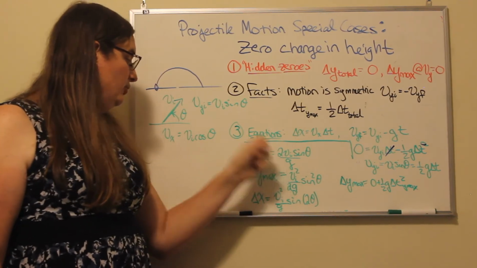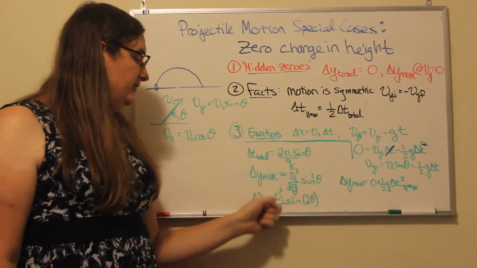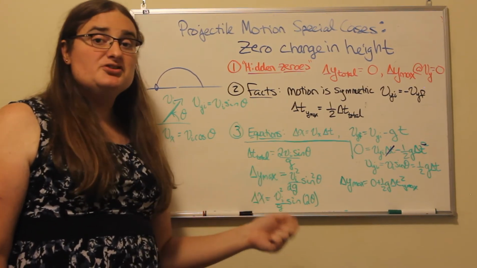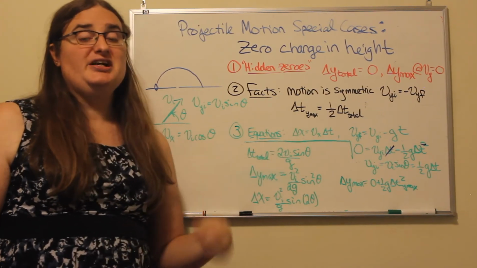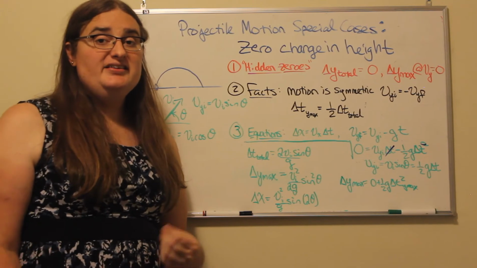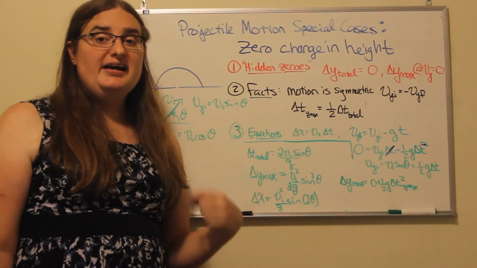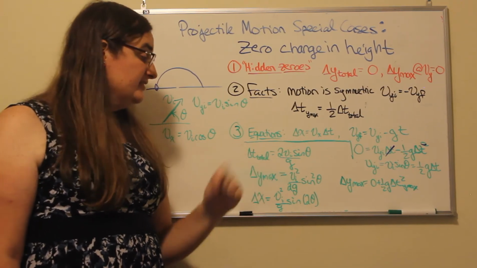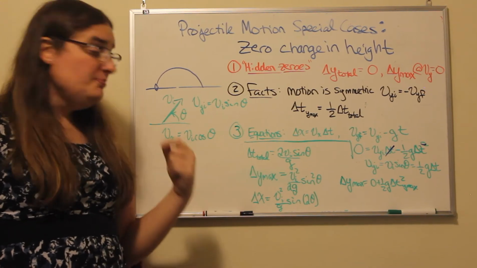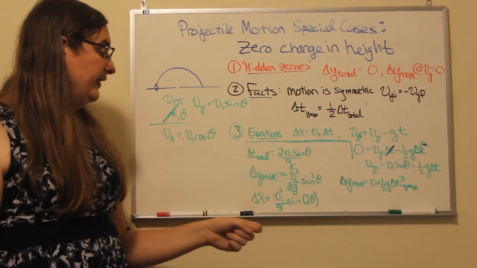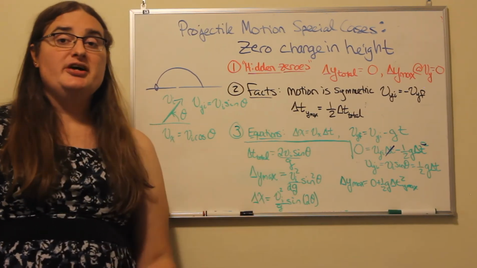So when I multiply my total time by my speed in the x direction, I get, again, an initial speed squared divided by the strength of gravity, but then I have 2 times the sine of theta times the cosine of theta. And from trig identities, sine theta times cosine theta is equal to the sine of 2 times the angle theta divided by 2. So that means then that my range would have to be equal to v initial squared divided by the strength of gravity times the sine of 2 times the launch angle.